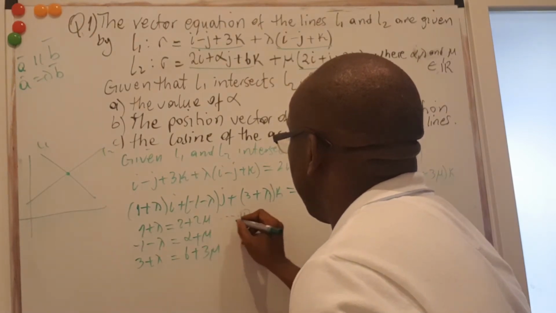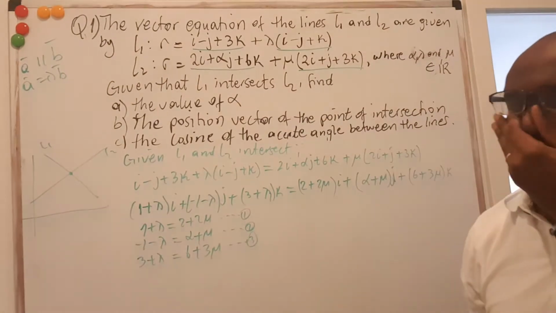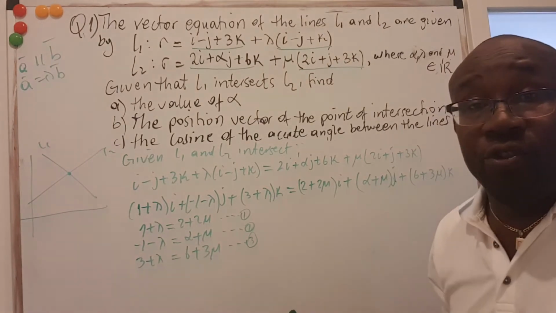So this is equation 1, equation 2, equation 3. These are 3 simultaneous equations to solve, and we are left to choose how we want to do it.